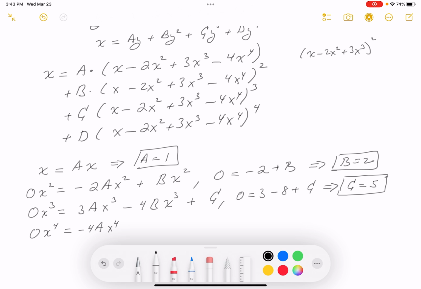Let's talk about the combinations that would give me a fourth power. It could be x times 3x cubed. It could be 3x cubed times x. And what else could it be? It could be minus 2x squared times minus 2x squared. Well, that gives me 3 and 3 is 6, and 4 would be 10. And that's a b, right?